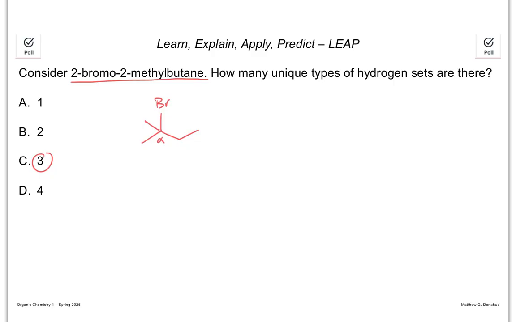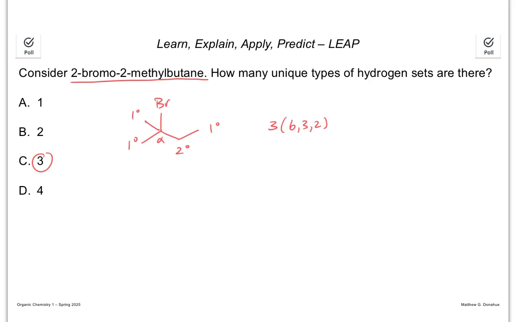There's 3. Those are equivalent, those are primaries. We have a primary at the end of the chain, and then we have secondary. So we have 3 sets, in a ratio of 6 to 3 to 2.